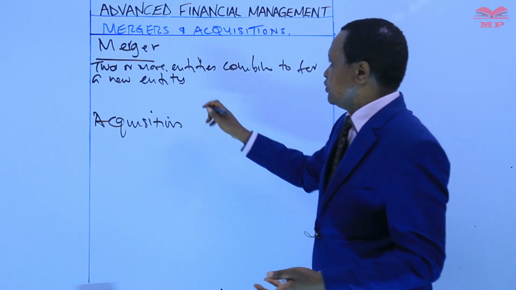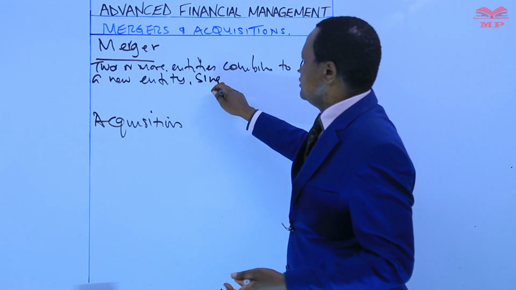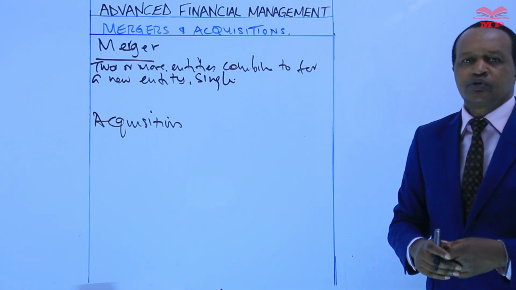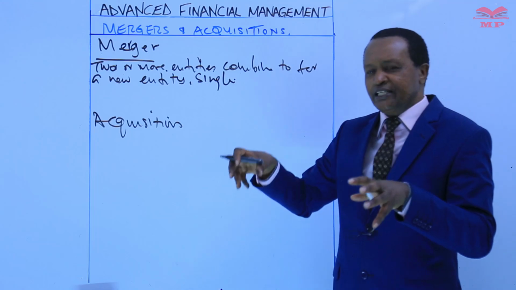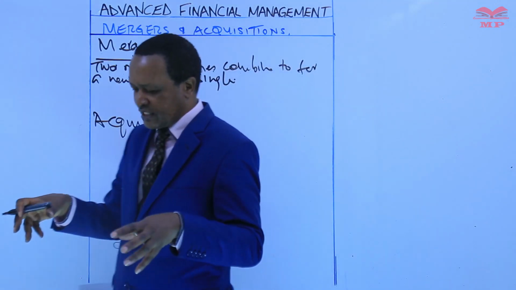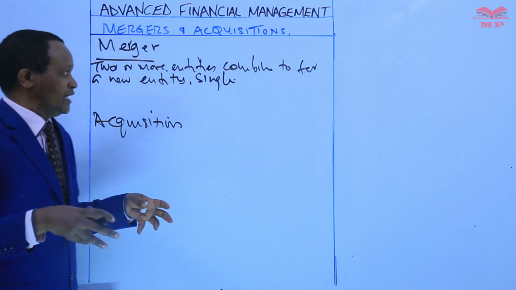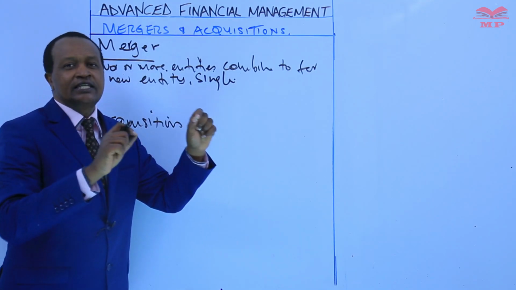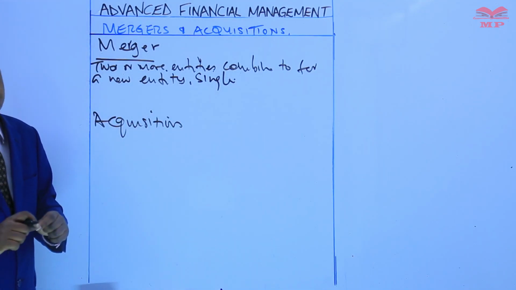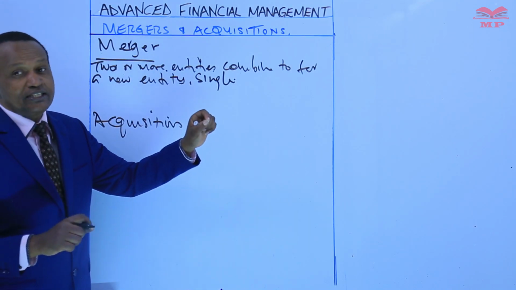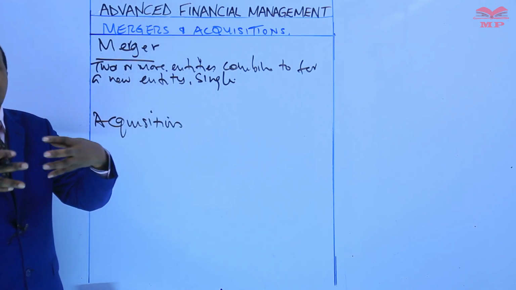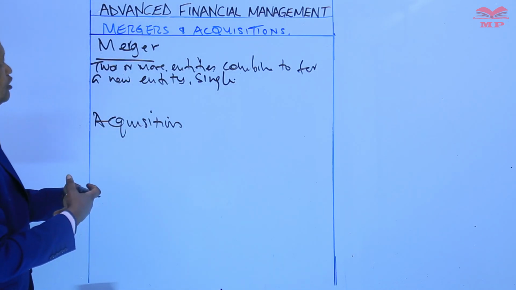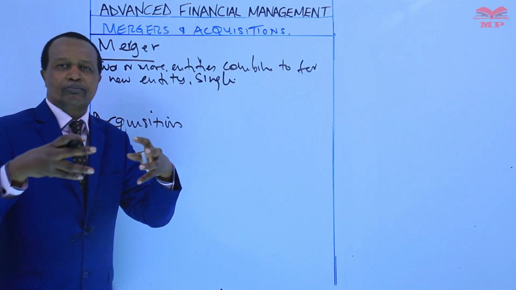In a merger, both companies cease to exist independently, and their assets, liabilities, and operations are combined into a new company. That's the meaning of a merger, to merge.